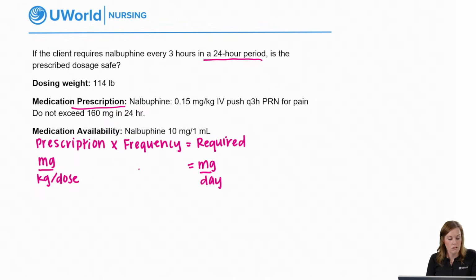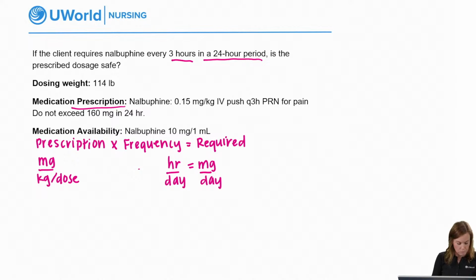We have dose on bottom, but we have day on bottom on the other side. So we have some work to do. And then we know that the frequency of what this is being given is in hours. So we have hours, and then in a 24-hour period or a day, which is what we're trying to say. So our ultimate goal for frequency is going to be hours per day.